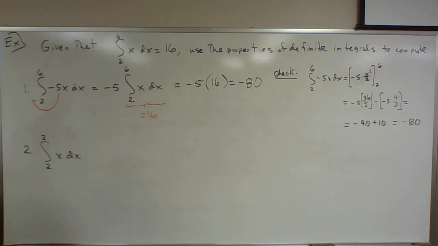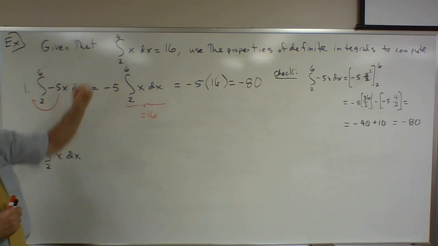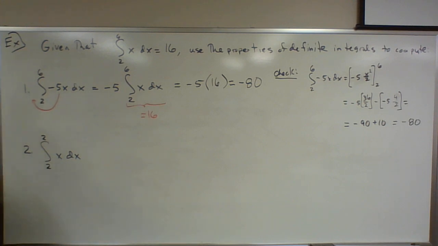Now, this one. This integral doesn't go from 2 to 6 like this one. But there is another property of definite integrals that says the integral from a to a of f of x dx, bottom limit, top limit are the same, that integral is going to be 0.